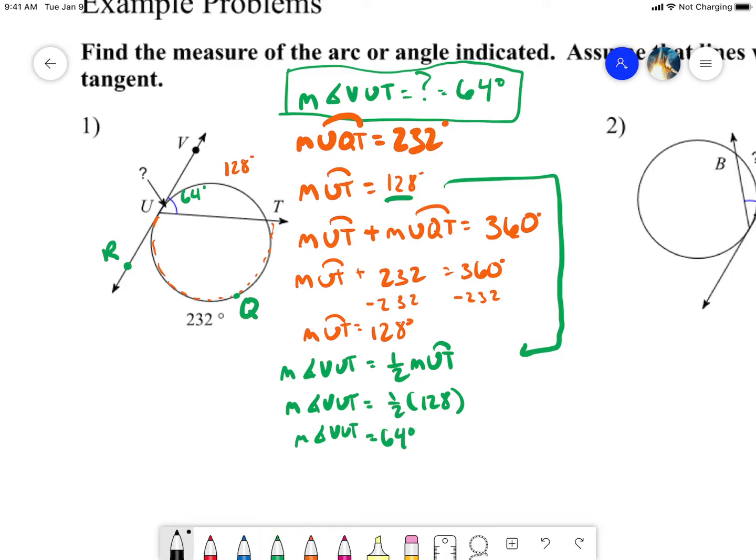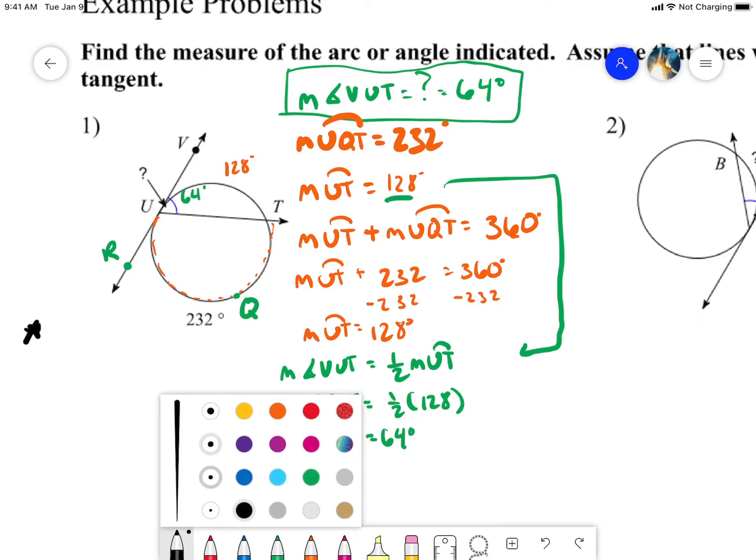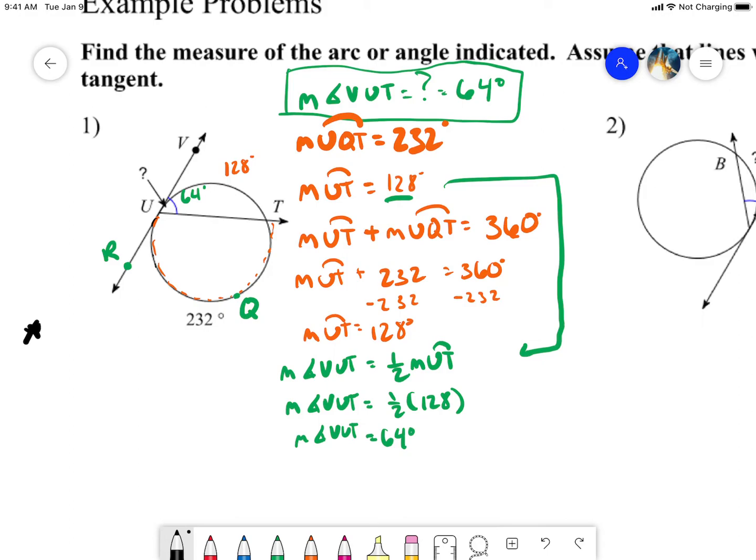The other way, another possible way that I could have done this, is to go, well, I know that this arc is 232 degrees. I know the measure of angle RUT is exactly 1/2 the measure of arc UQT.